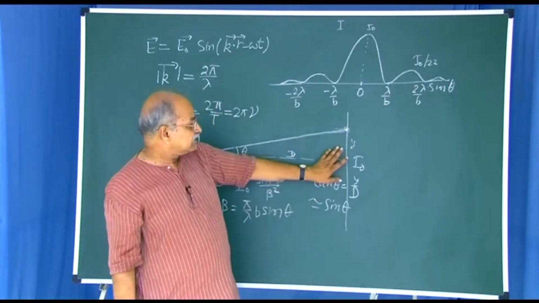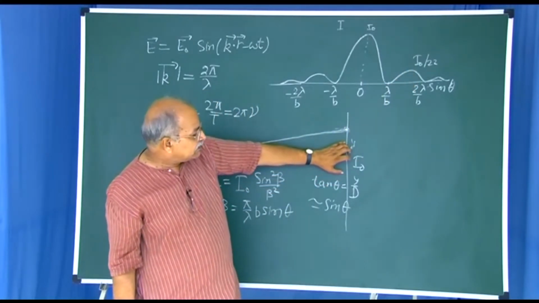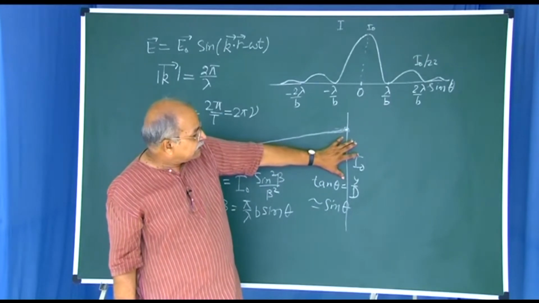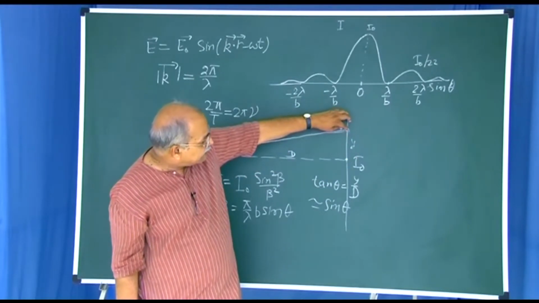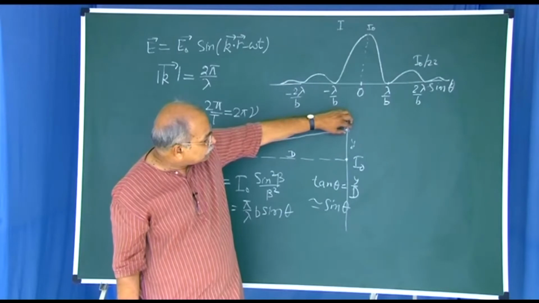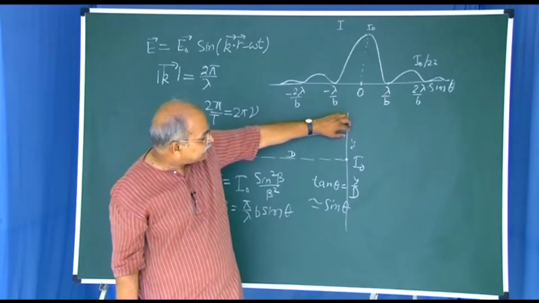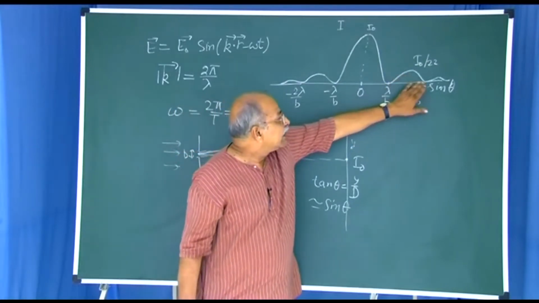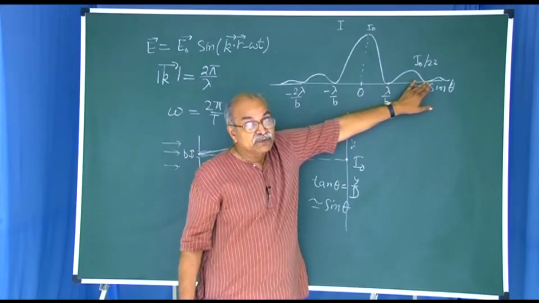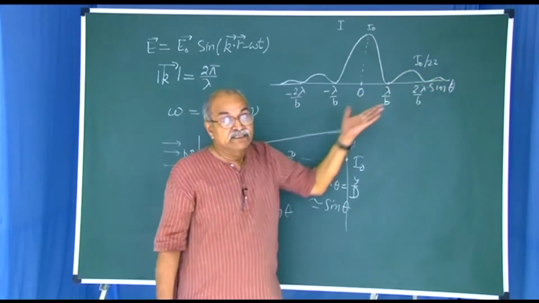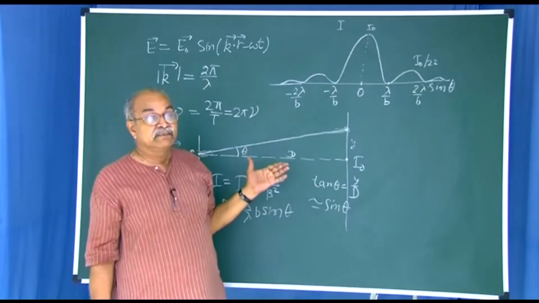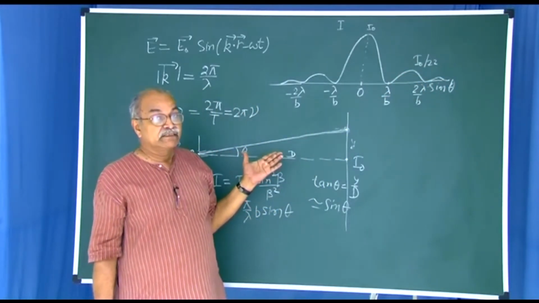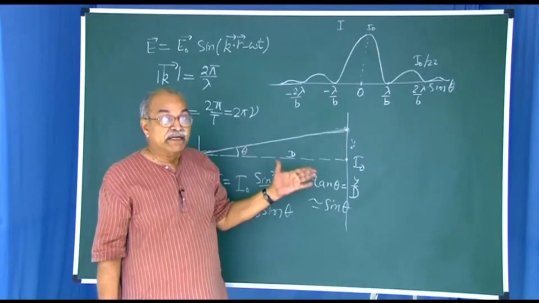So, you have a bright band, then you have dark, and then again a bright band which is not very bright, but still in its own neighborhood it is a band, and then again the intensity becomes 0 and again it increases. So, you have an alternating dark, bright, dark, bright type of pattern.